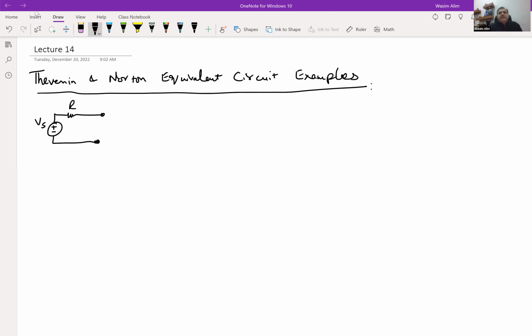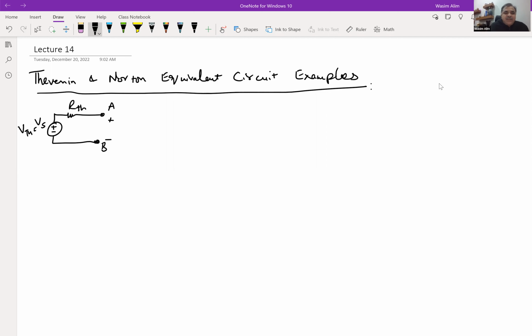So essentially what we're doing is representing a complex network using a simple two-port system. So we can call this port A or B or whatever names you want to assign them. The two important pieces of information here are that we call this source voltage the Thevenin voltage, and the source resistor the Thevenin resistor.